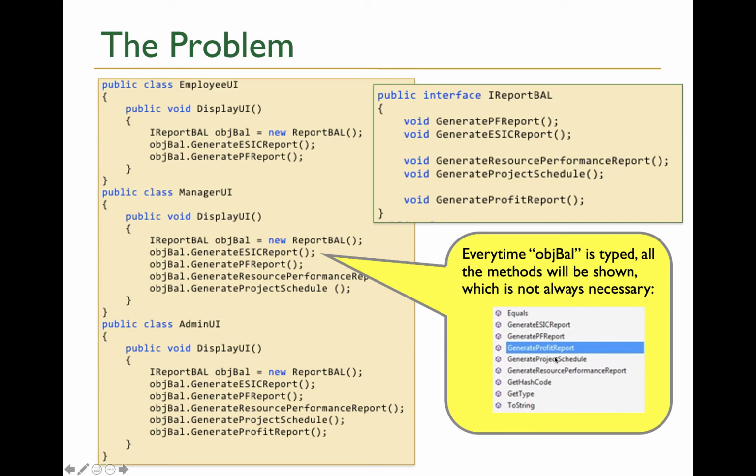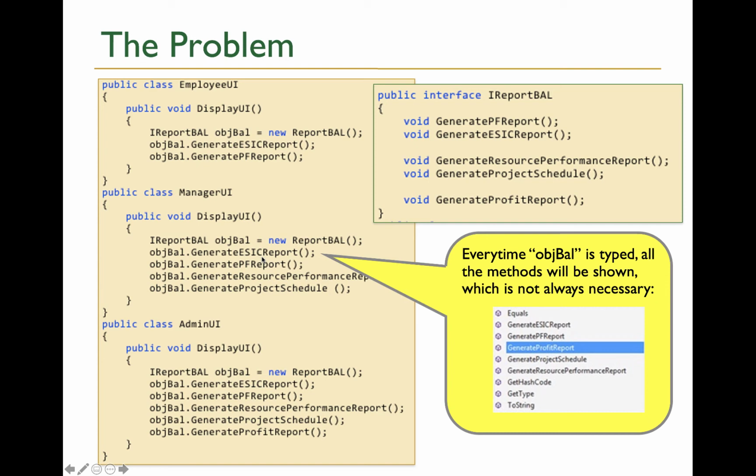That's really the problem, because you can call the per file report and performance report, but you can also see the profit report. And the profit report is really just for the admin to see, and you're not supposed to use it here in the manager UI.